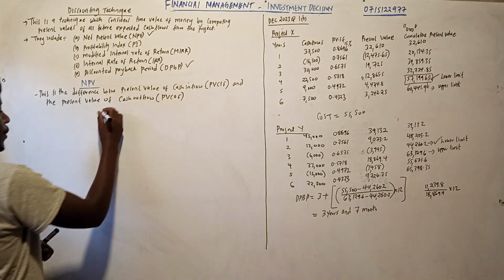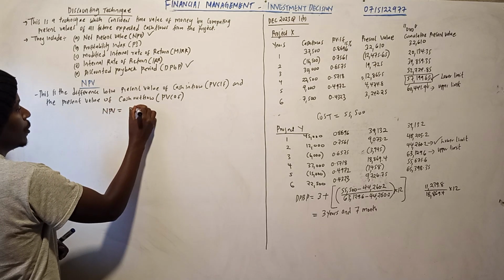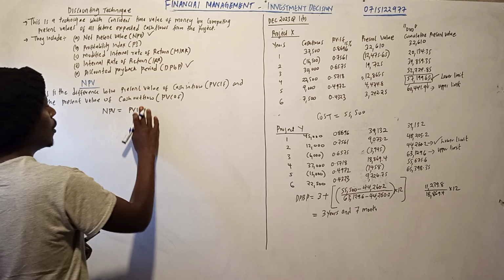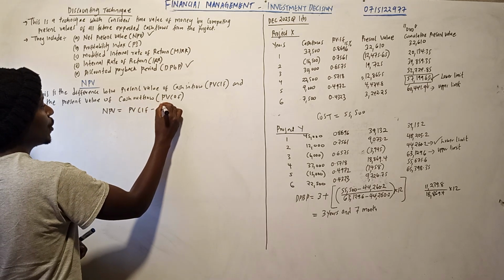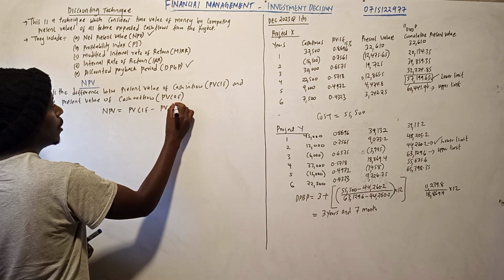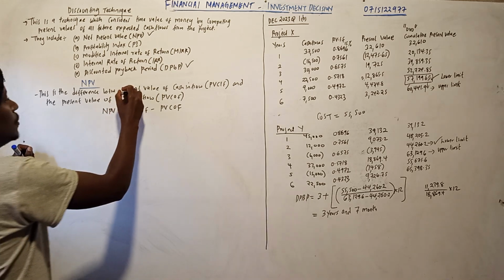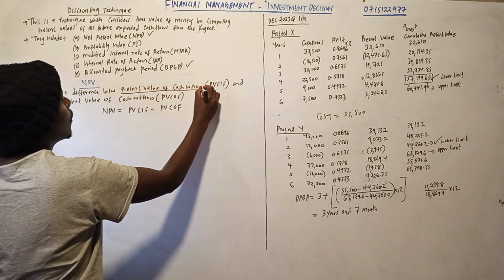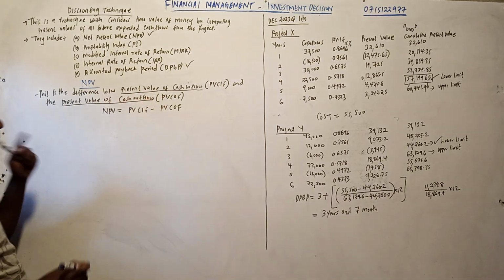So the formula for NPV: NPV is equal to the present value of cash inflow minus the present value of cash outflow. Present value of cash inflow ndio hii hapa, and the present value of cash outflow.